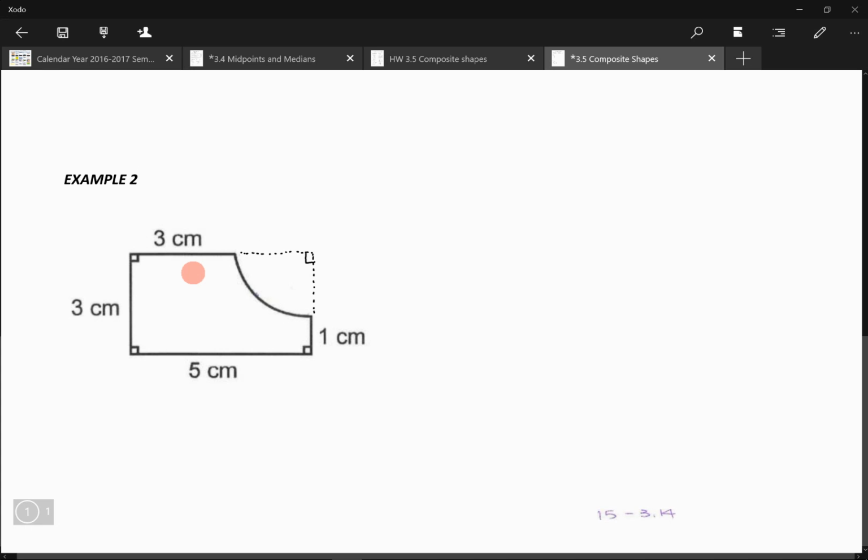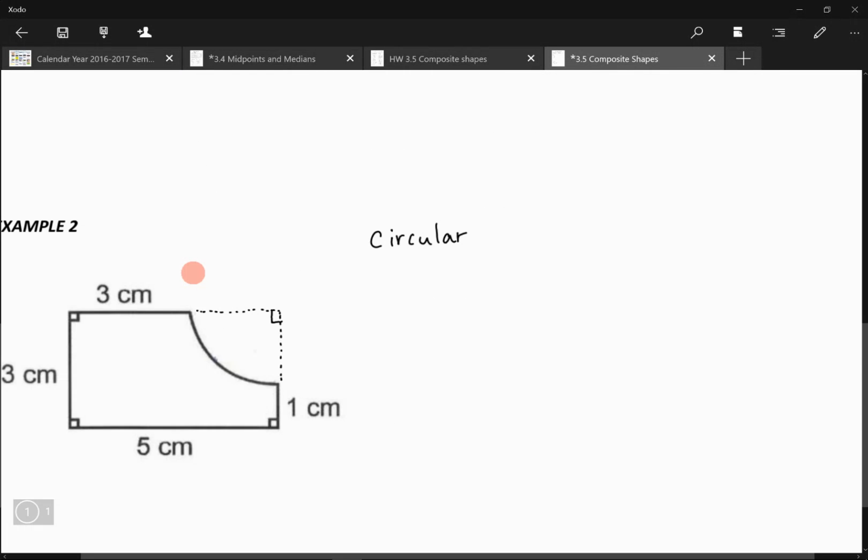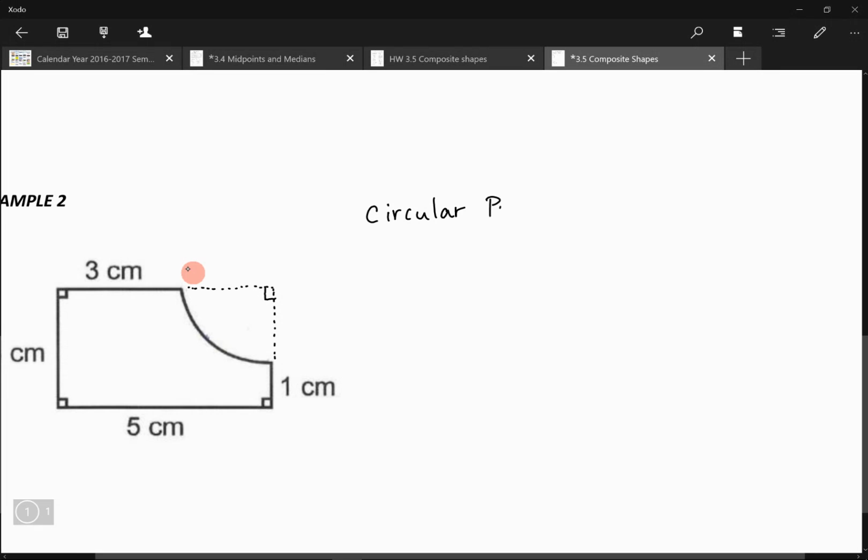Okay, so the circular portion for this question, that length of that path is going to be the circumference of a circle, so 2 pi r. But because it's a quarter, this looks like a quarter of a circle, I'm going to have to divide this by 4.